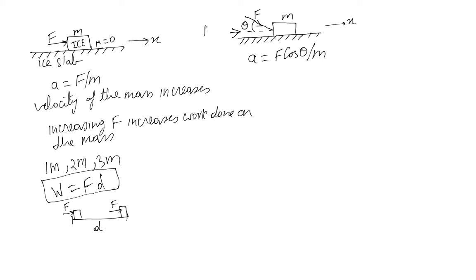This part is going to be F cos theta, and this part is going to be F sin theta, right? So in this case, work done will be F d cos theta. So it's the F cos theta component that is going to do the work, and not the F sin theta component. Also, how long you applied the force.